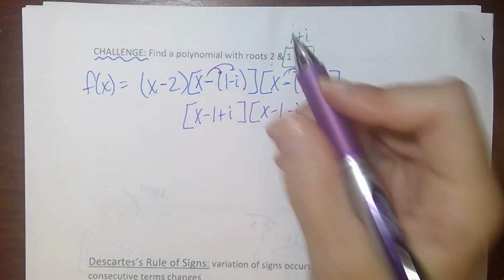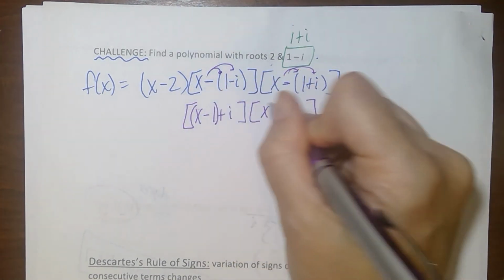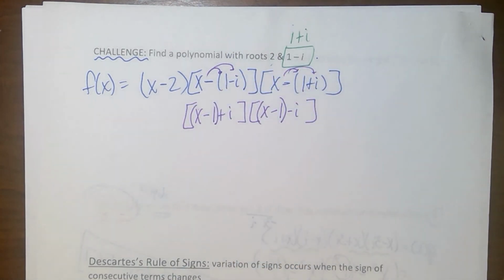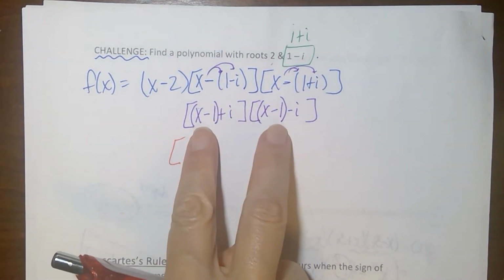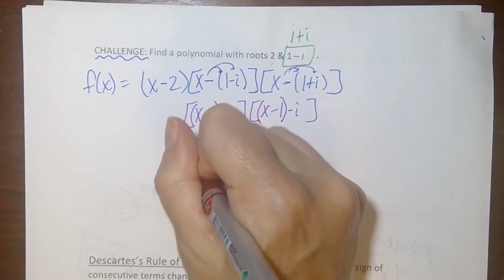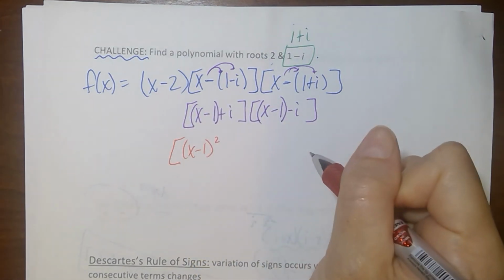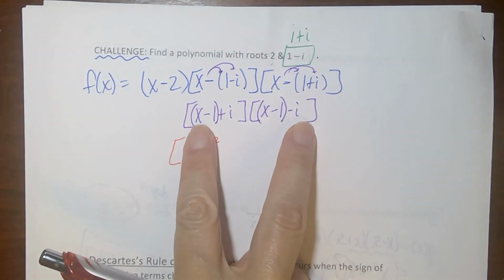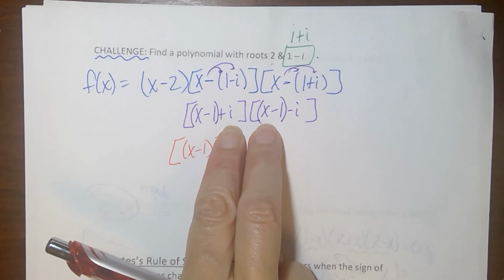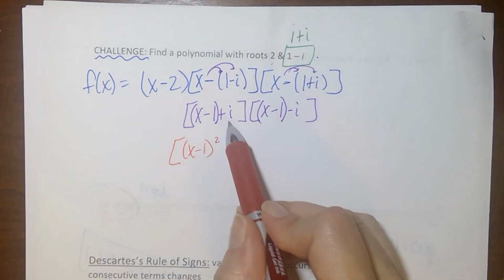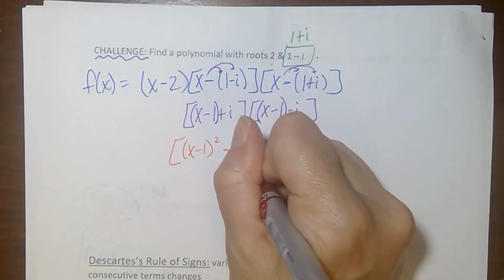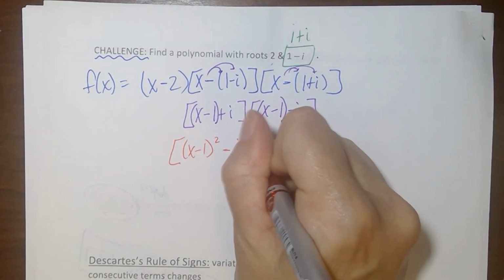Now I'm going to regroup so that my x minus 1 is what's in parentheses for both of those. And now I'm going to FOIL. When I FOIL these two together, x minus 1 times itself is x minus 1 quantity squared. My outside product and my inside product are going to add to 0 because these are conjugates. And then I have i times negative i, which is negative i squared. Whoops, sorry.